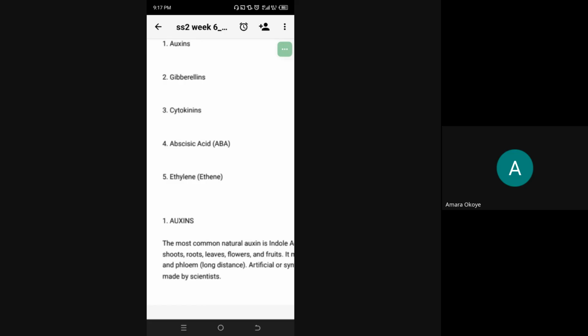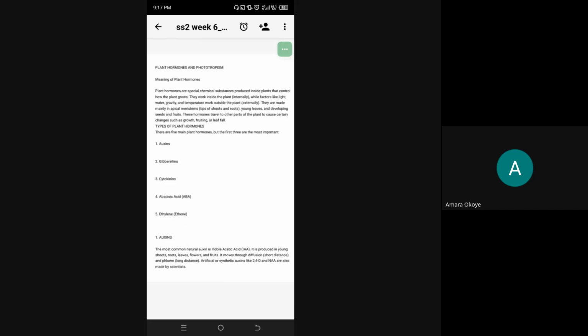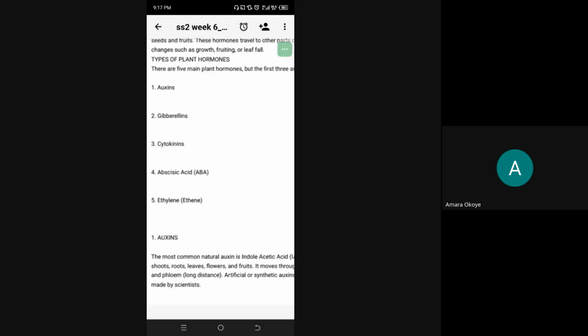Back to what I was saying. Phloem is a tissue in plants that helps to transport food substances. If auxin is using phloem for transportation, the distance is usually longer.